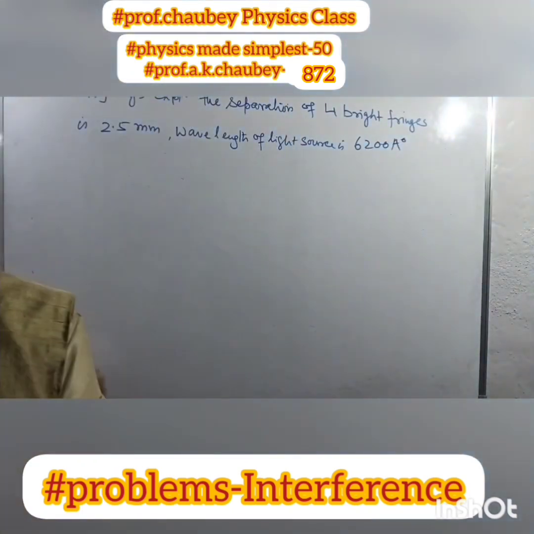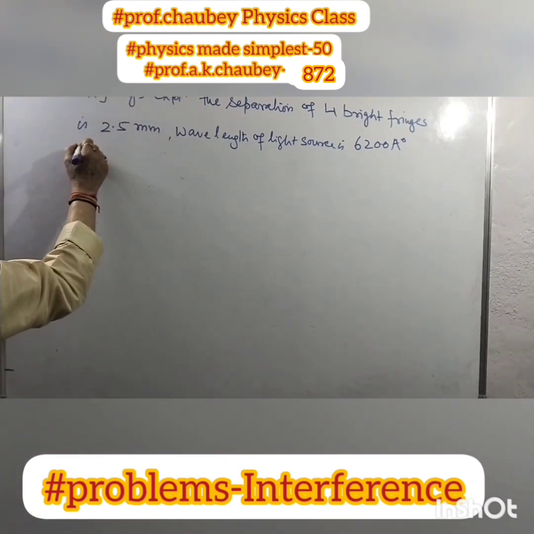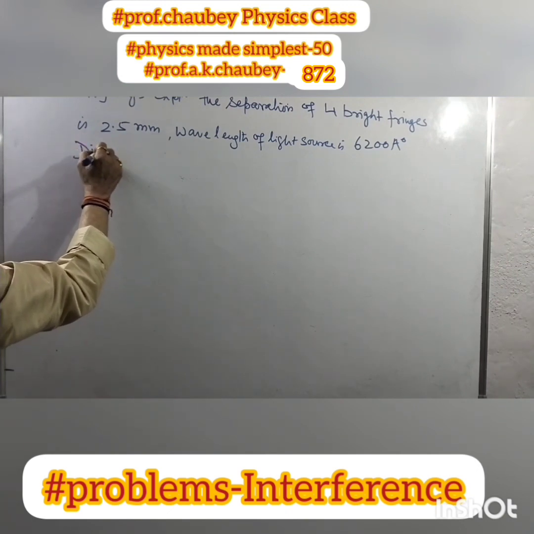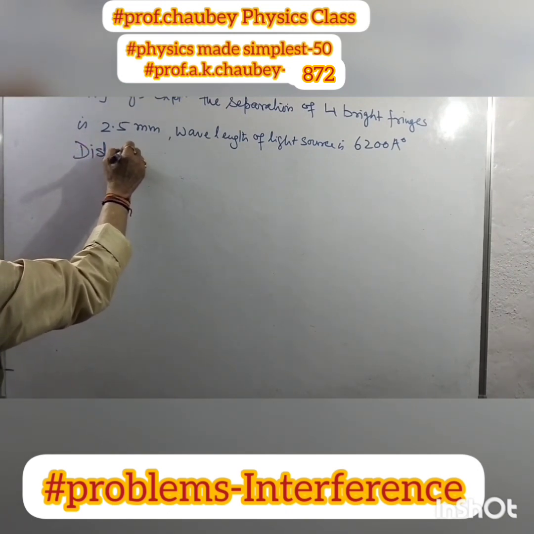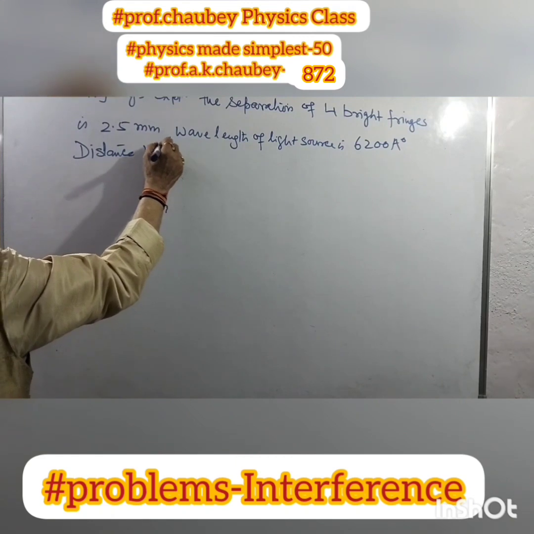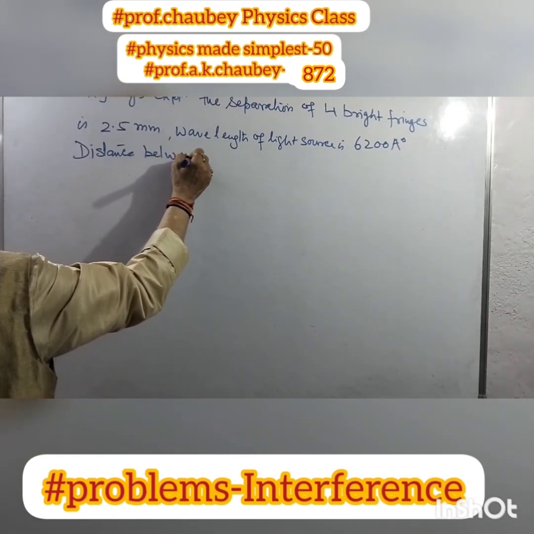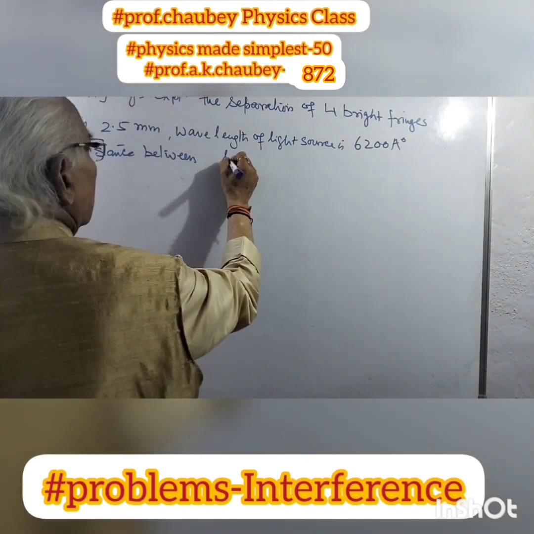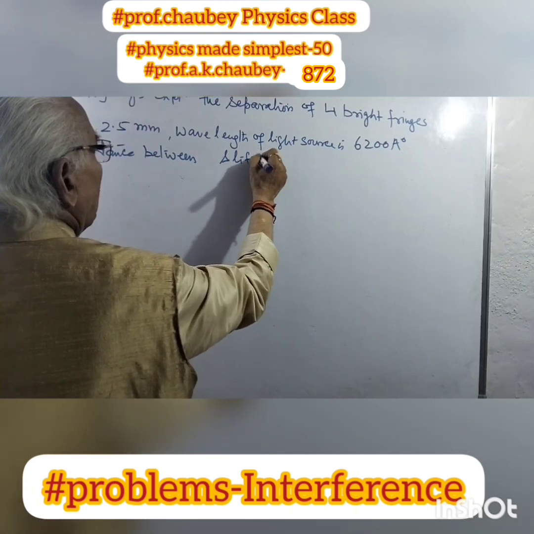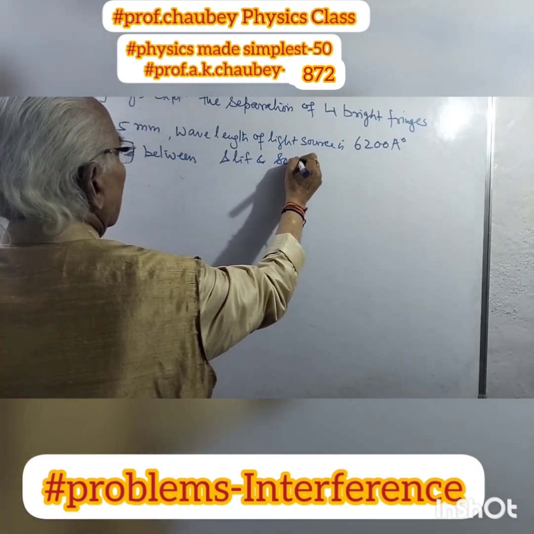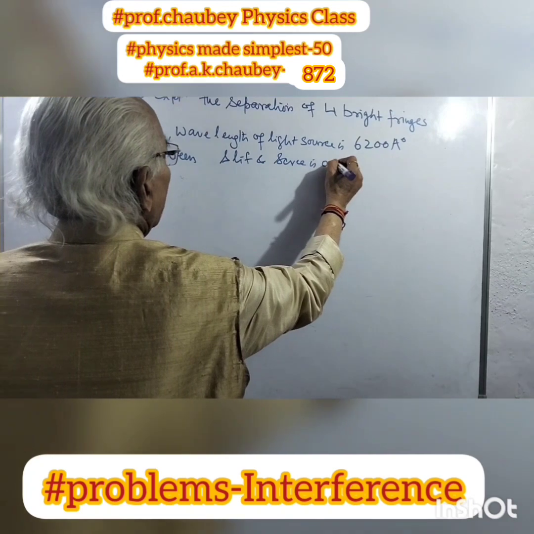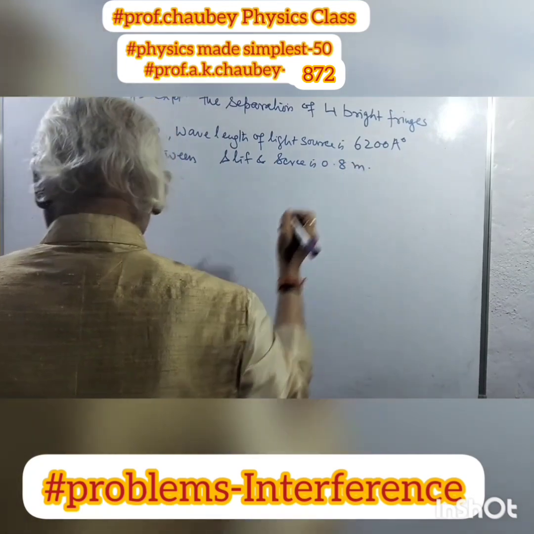So wavelength is given, and the distance between the slit and screen is 0.8 meter.